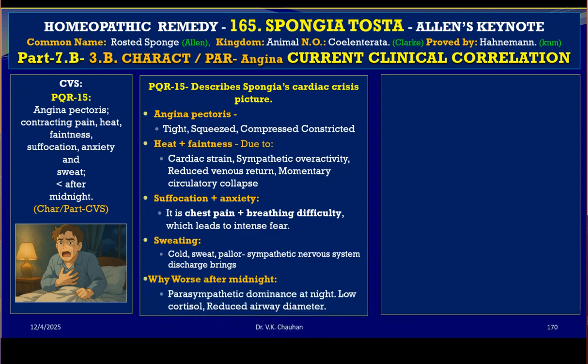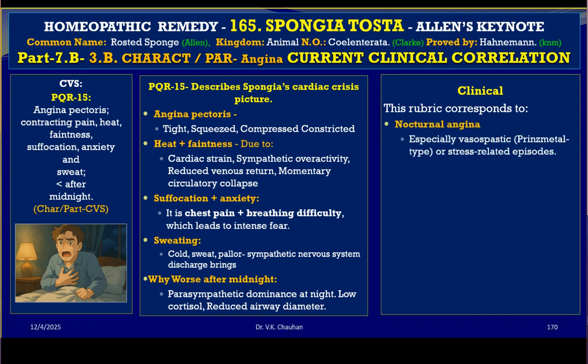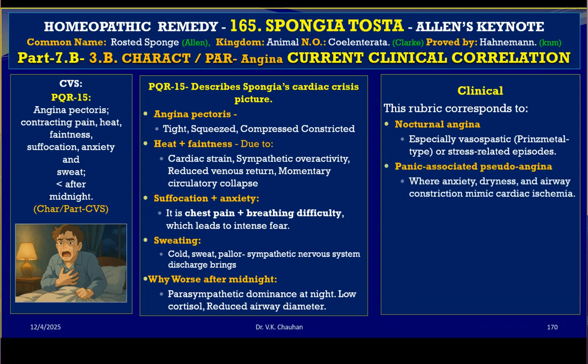Why worse after midnight? Because parasympathetic dominance occurs at night, low cortisol level, reduced airway diameter. These are a few of the contributing natural causes. Clinically, this rubric corresponds to nocturnal angina, especially vasospastic, Prinzmetal angina or stress-related episode. Then we have another condition, panic associated pseudoangina, where anxiety, dryness and airway constriction mimic a cardiac ischemia.